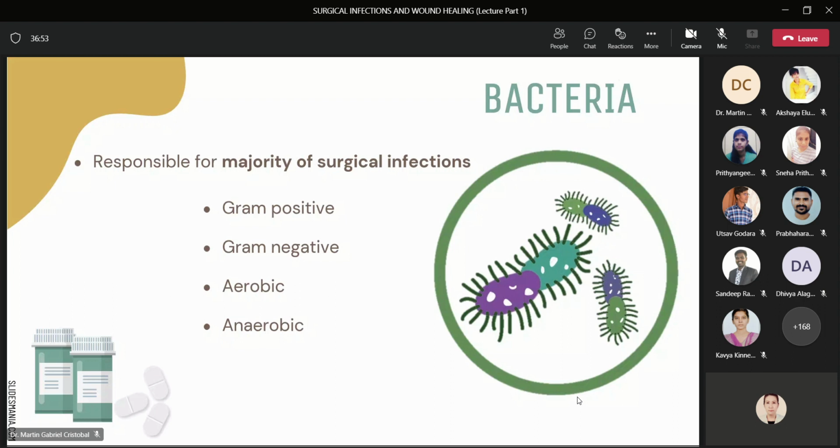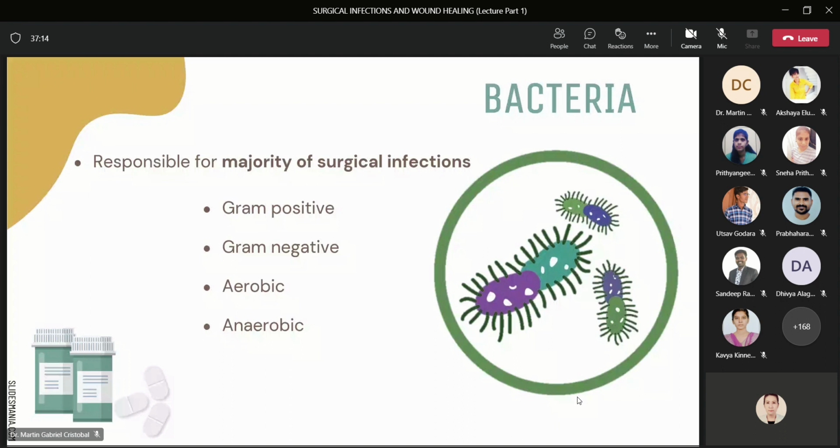So also the microflora of the oropharynx and the colon. Other examples are the acid-fast bacilli such as Mycobacterium tuberculosis, Mycobacterium avium intracellulare, Mycobacterium leprae, and Nocardia. So these are slow growing organisms.